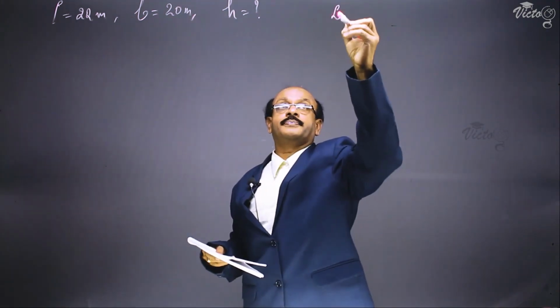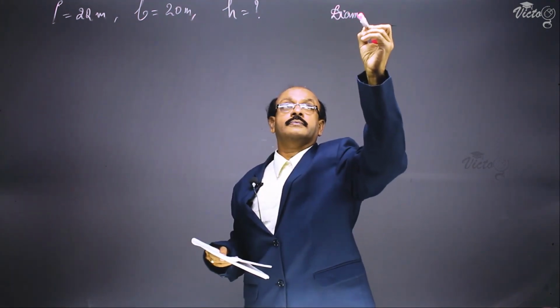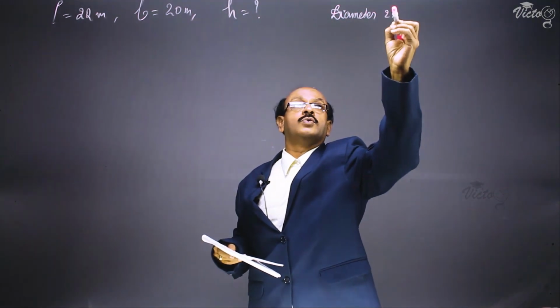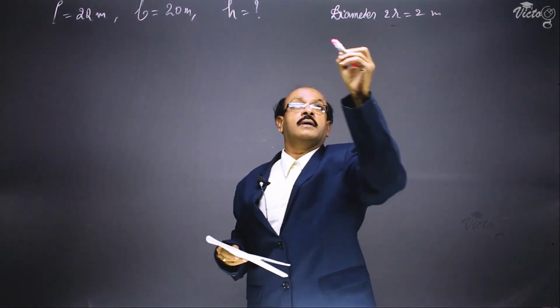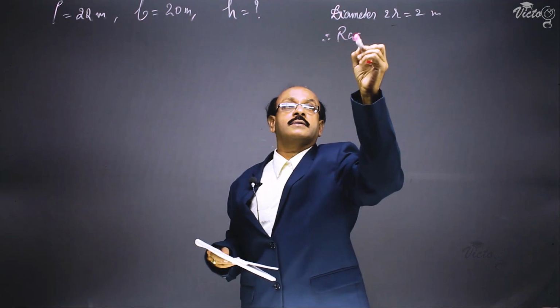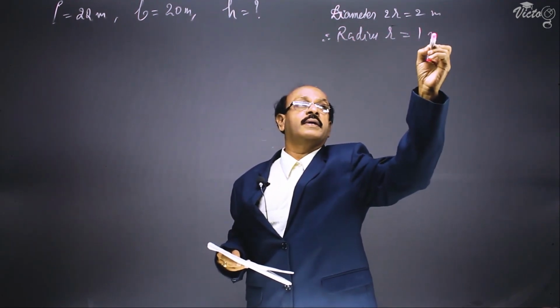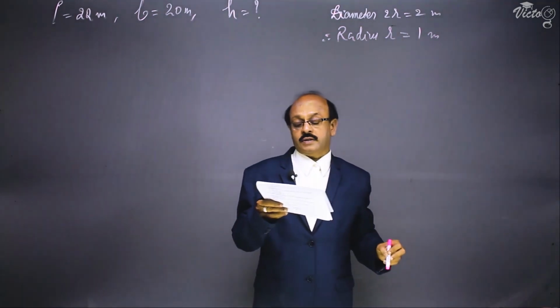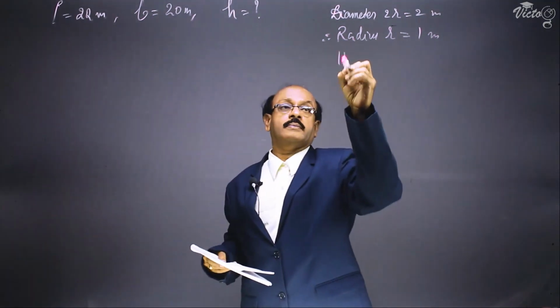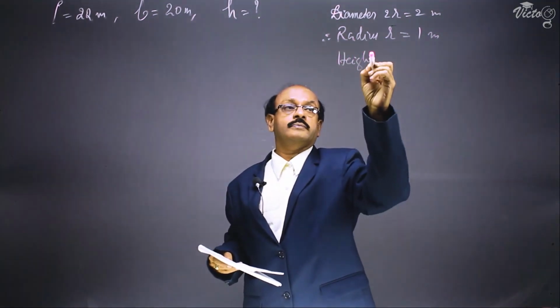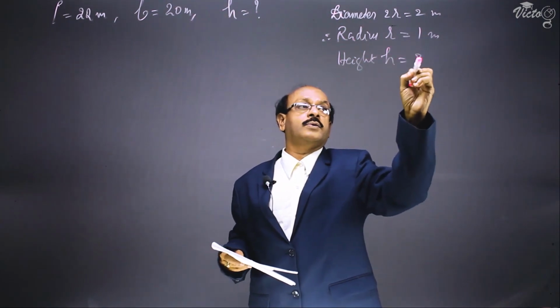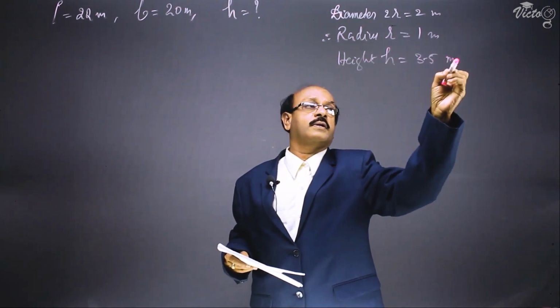Diameter 2r is equal to 2 meter. Therefore, radius r is equal to 1 meter and height is 3.5 meter. Height h is equal to 3.5 meter.